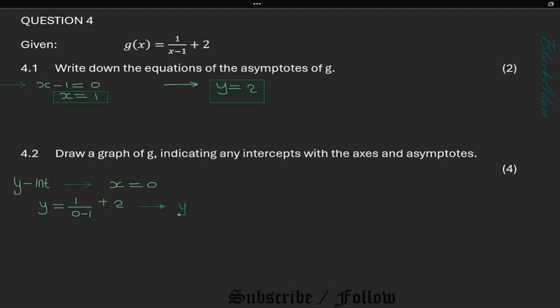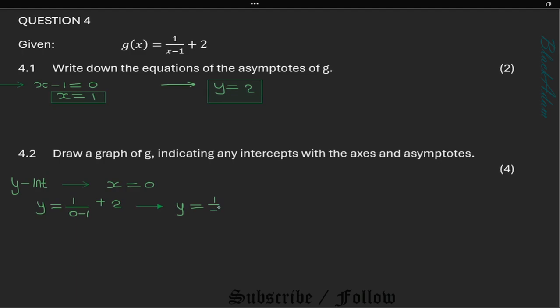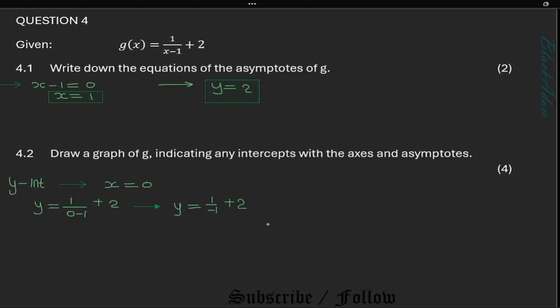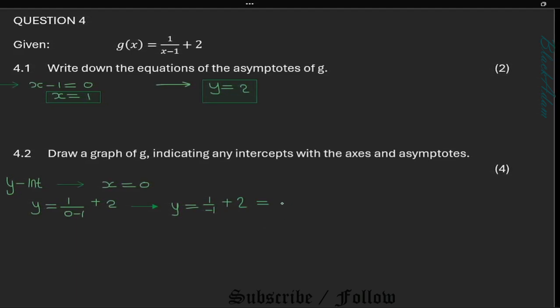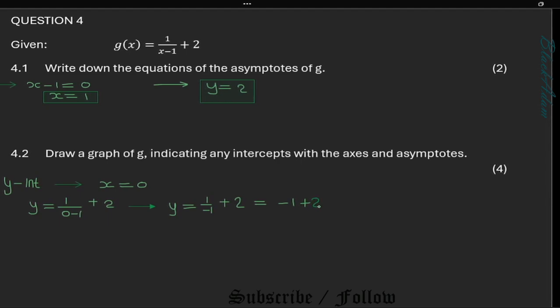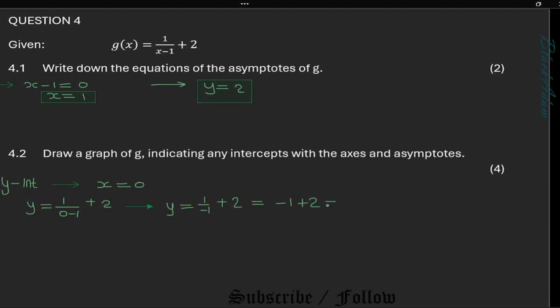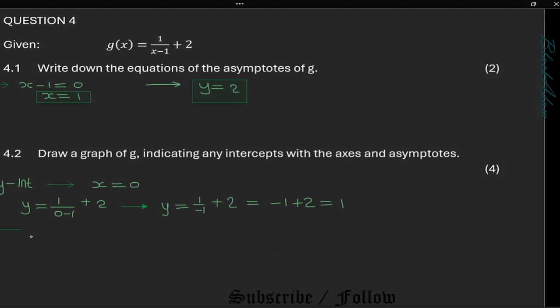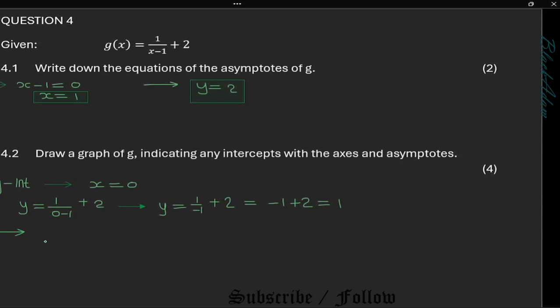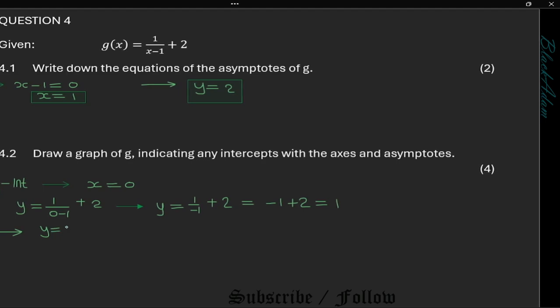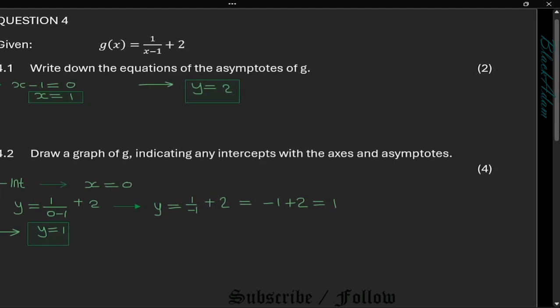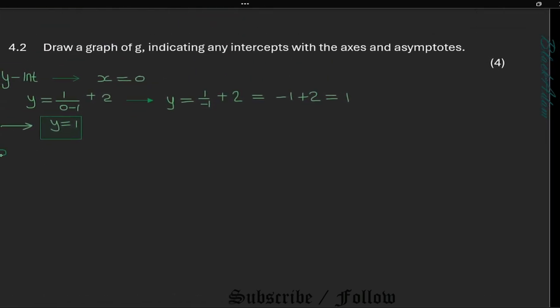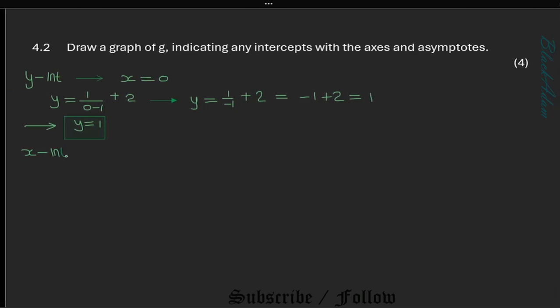And that gives us y is equal to 1 over negative 1 plus 2. And then we have negative 1 plus 2, making it positive 1. Then we have y is equal to 1.